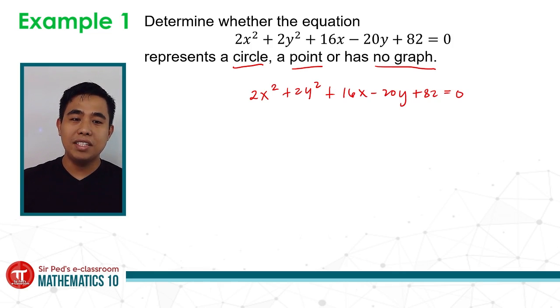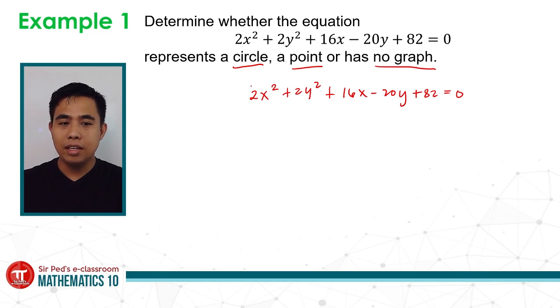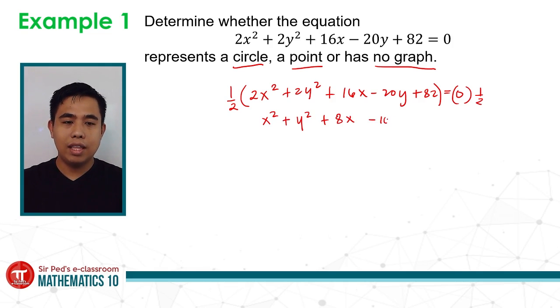Let us write this equation in standard form. So first, each term of the equation is divisible by 2, so we multiply both sides of the equation by 1/2. So this will be x squared plus y squared plus 8x minus 10y plus 41 equals 0.